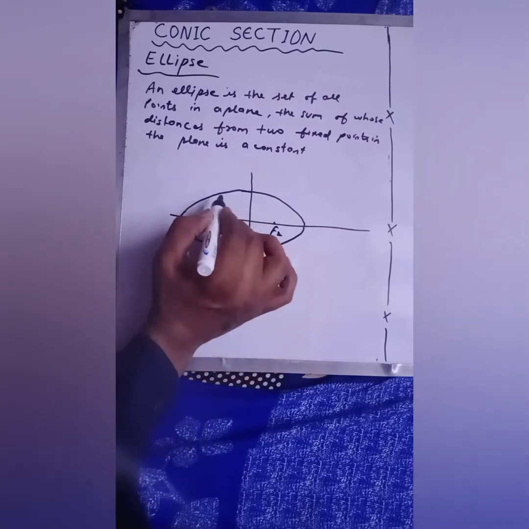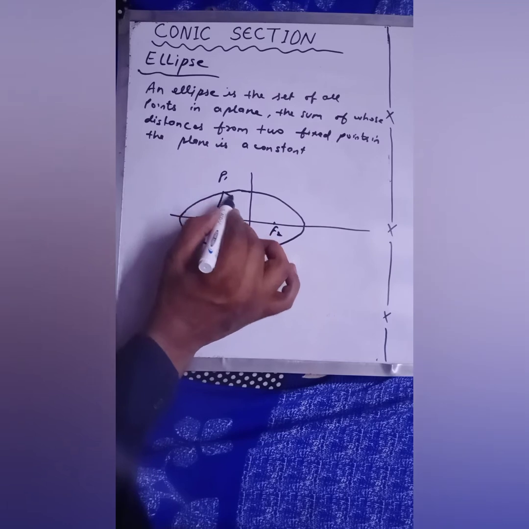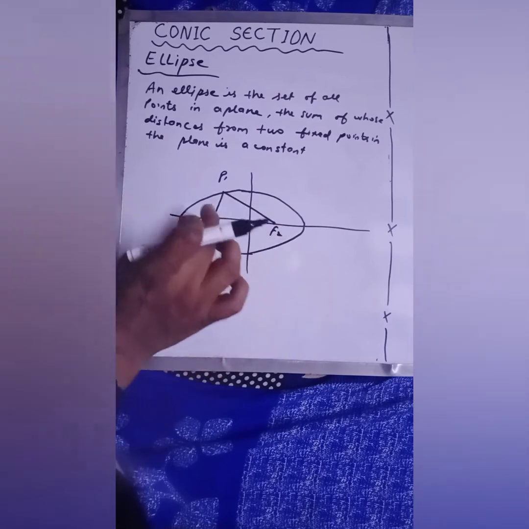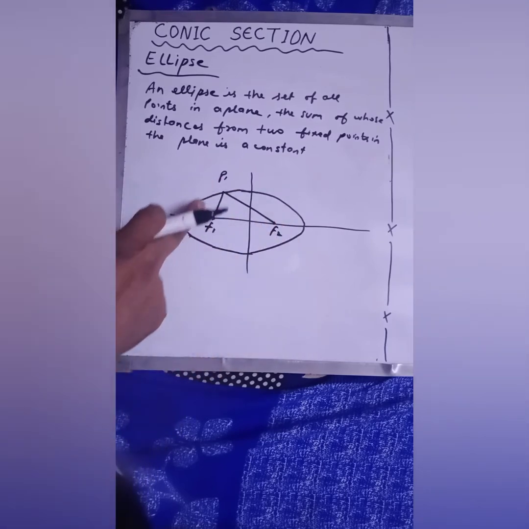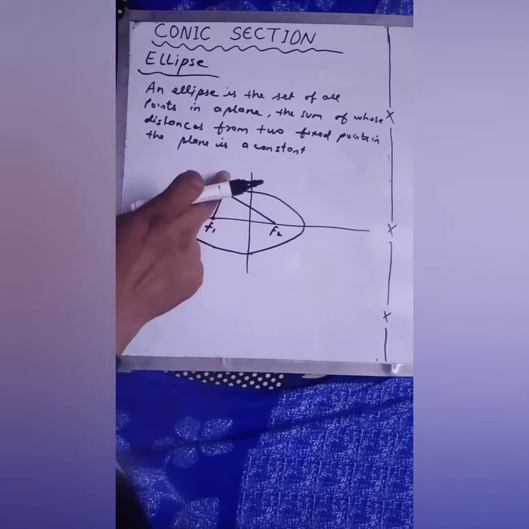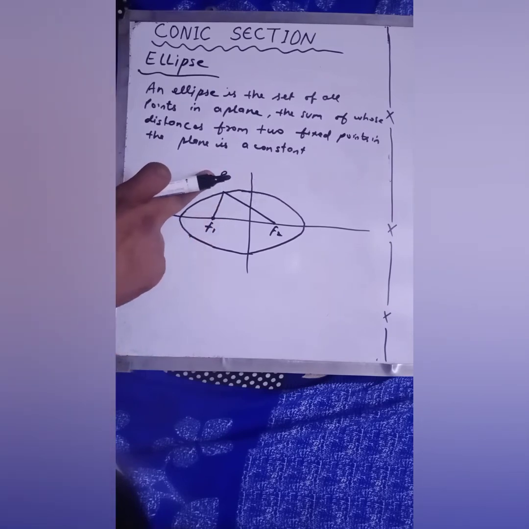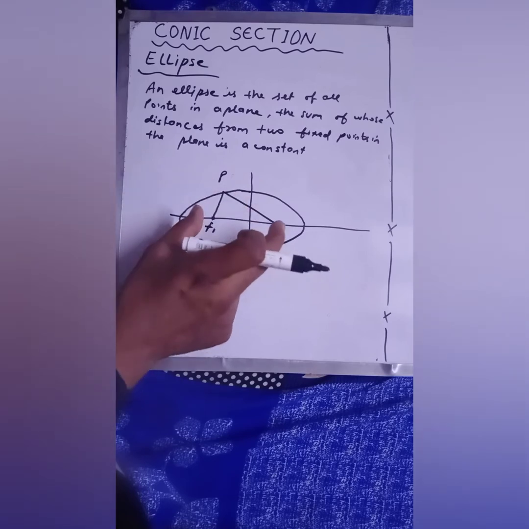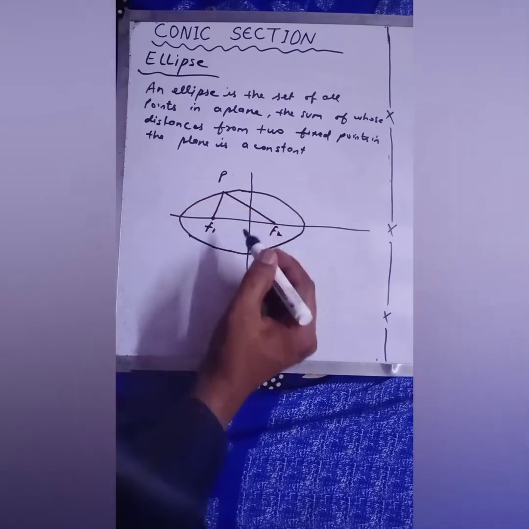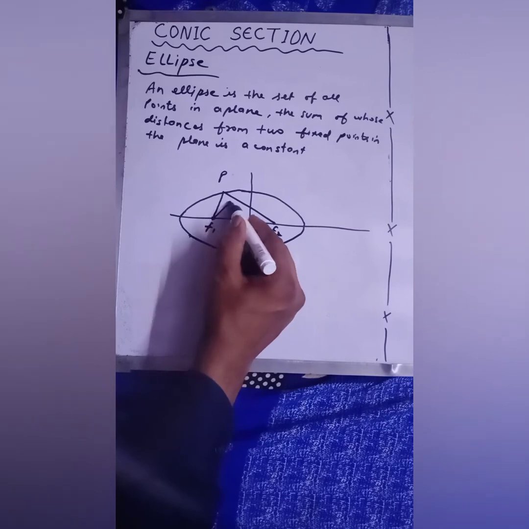If there is a point p here, the distance of p and f1 plus the distance of p and f2, you're getting some distance. That distance will always be equal.